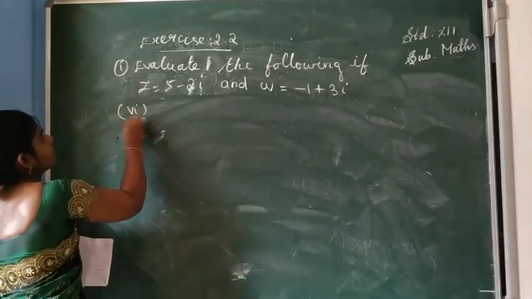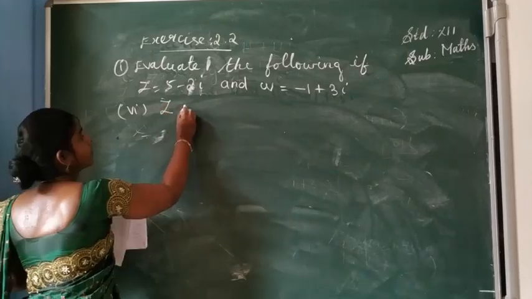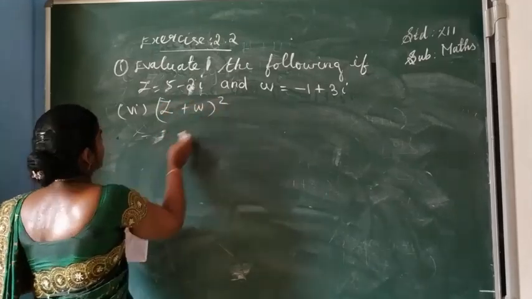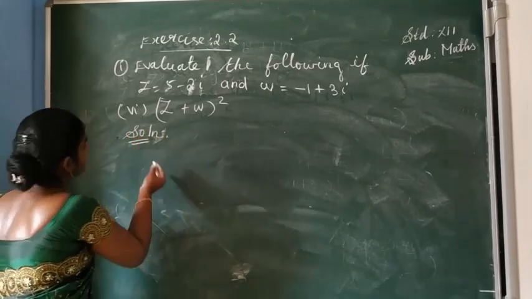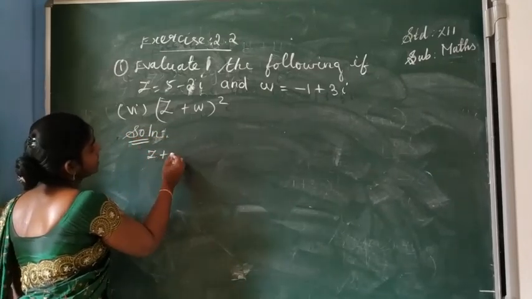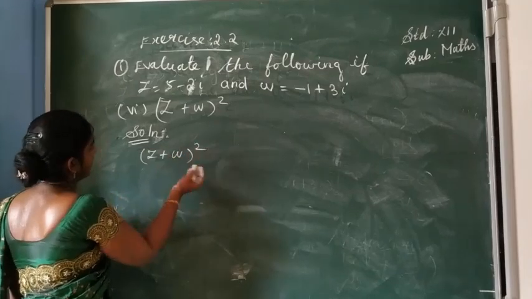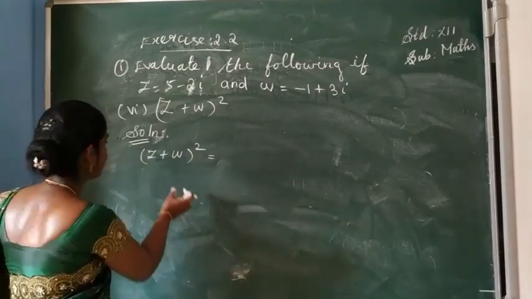Sixth solution, Z plus W the whole square. Z plus W the whole square equal to, we can apply the value here.